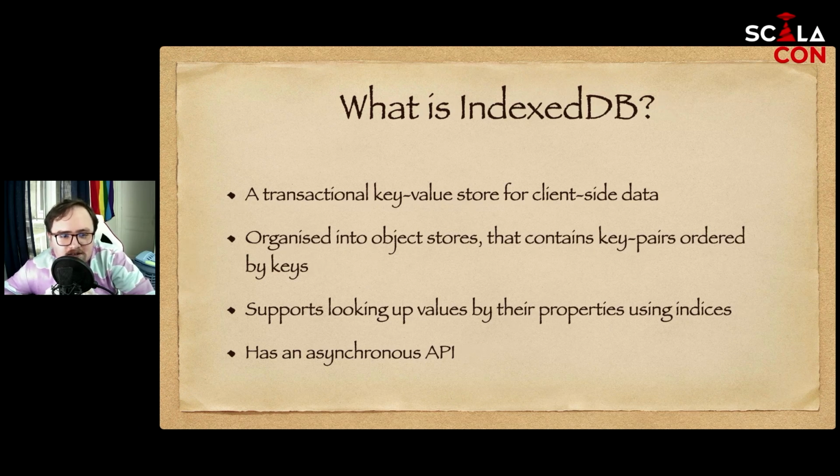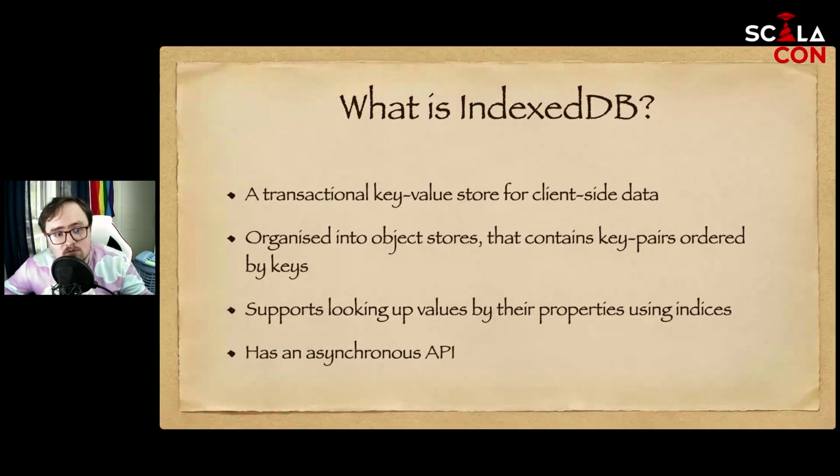It is organized into object stores that contain key value pairs, and these key value pairs are ordered by keys. So it supports simple operations like get a single key or get a range of keys, because keys are ordered, so you can tell it to retrieve keys within a certain range.